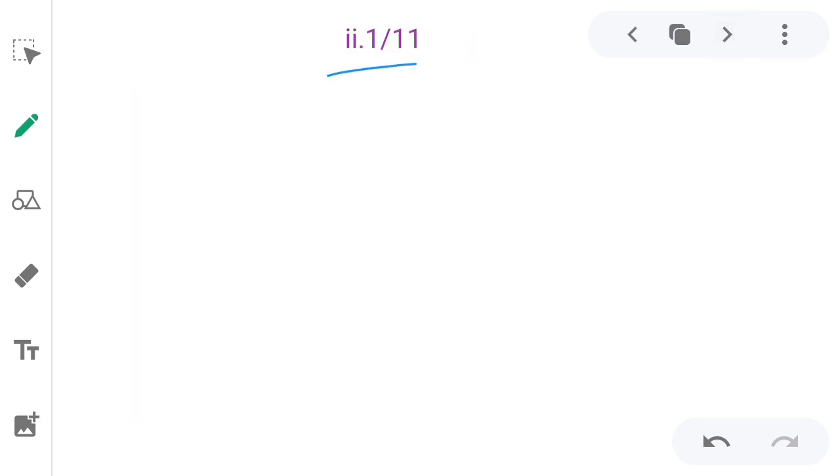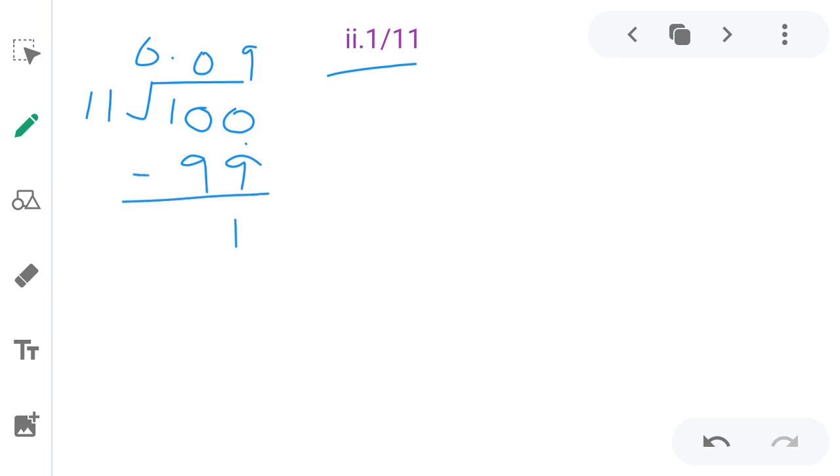Moving to the next part of this question, 1 upon 11. For this we can use the division method. 1 is divided by 11, so we first put a decimal so that we can put a 0 here. It will not be divided, so we write 0 again and one more 0 here. So 11 nines are 99 and 1 is left after subtracting.